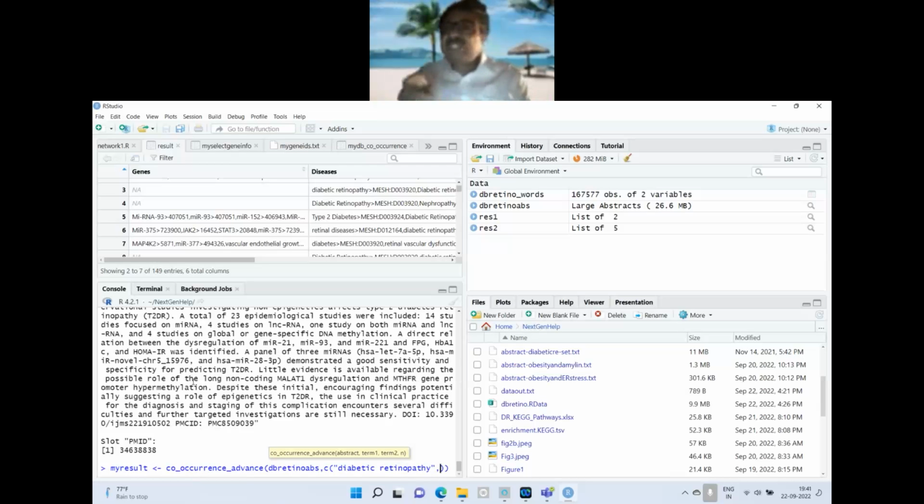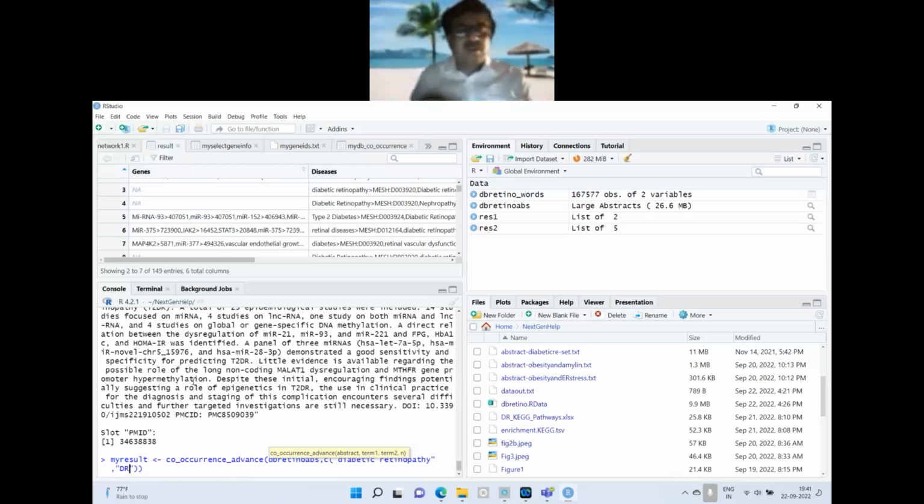I'm using the function C, or DR, which is a short form of diabetic retinopathy, and some other terms, that is the term 2.